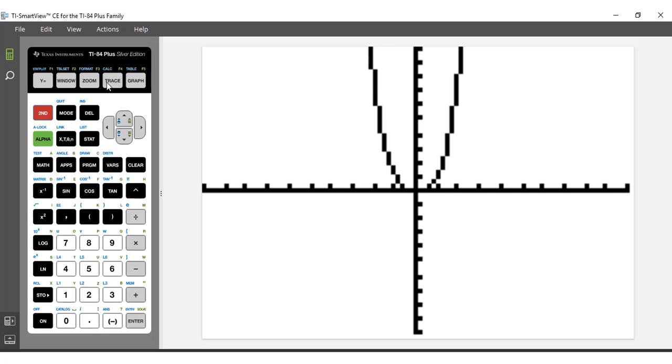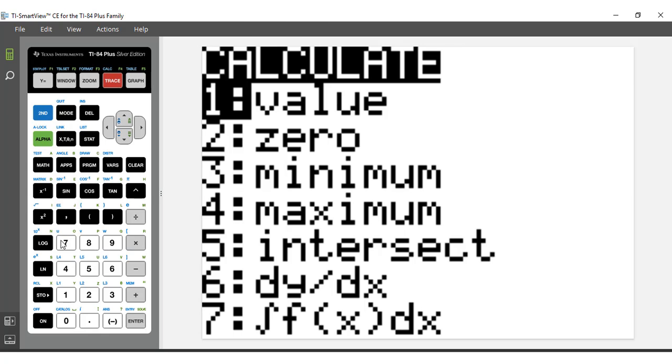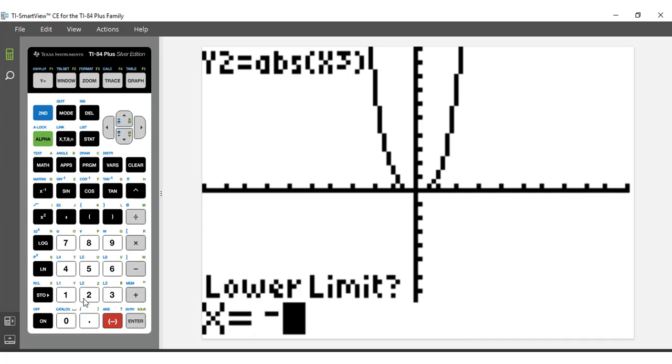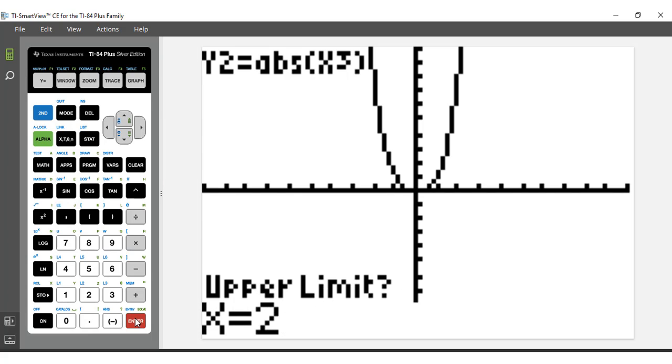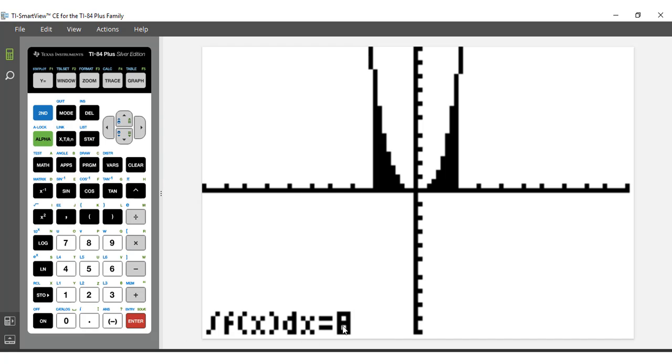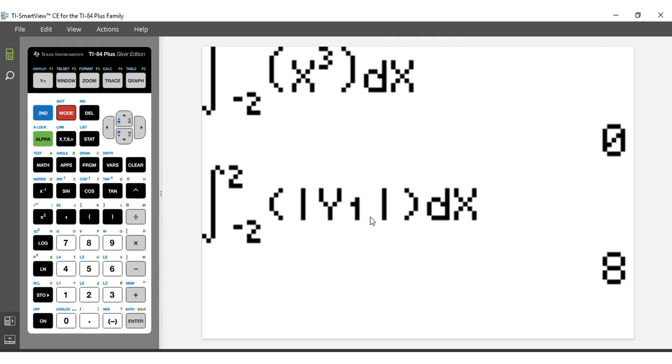Then I do second trace, go to 7 from -2 to 2. You will get 8. So remember, whenever you're looking for the total surface area under the curve, you will put in absolute value.